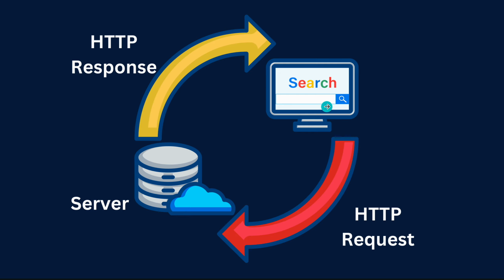Whatever you type always goes as what we call an HTTP request. It will go to the web server after finding the IP address from the domain name server, and you will get an HTTP response. Let me show you something.